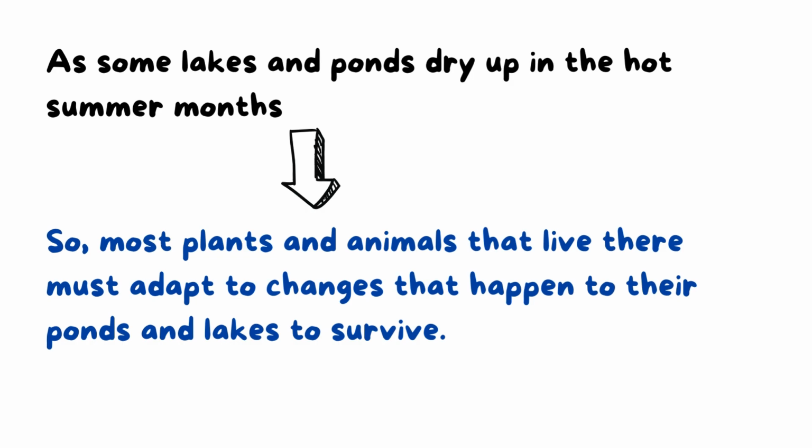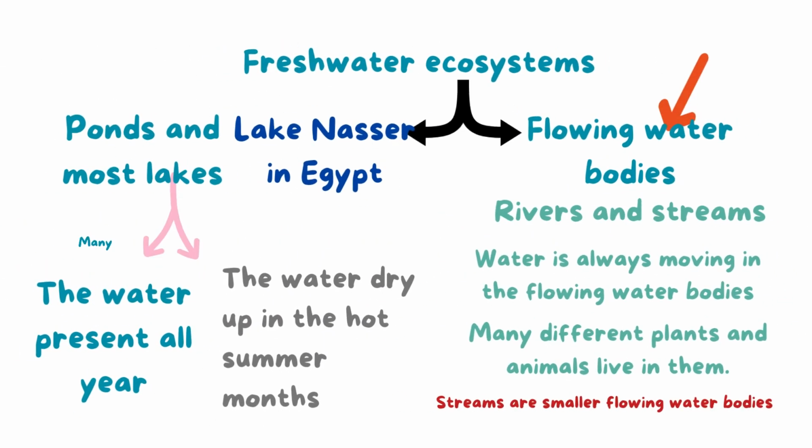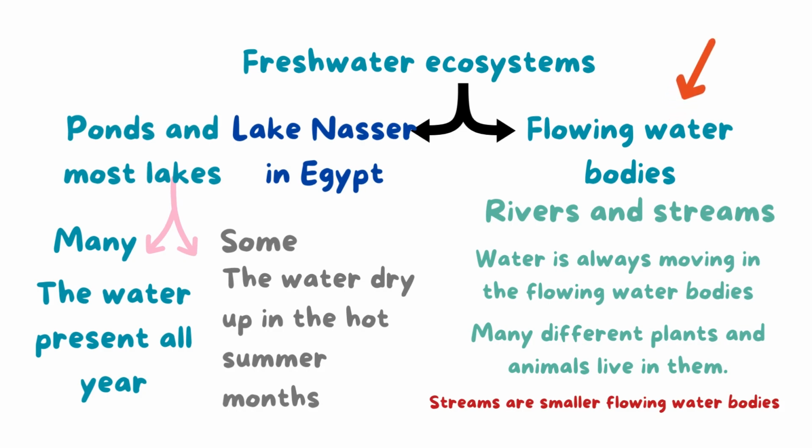Okay, now we will talk about the flowing water bodies. What are the flowing water bodies? They are rivers and streams. We will discuss the word stream now and learn the difference between a river and a stream. River and stream are examples of flowing water bodies, as the water flows from high altitude to low altitude, as we studied before.